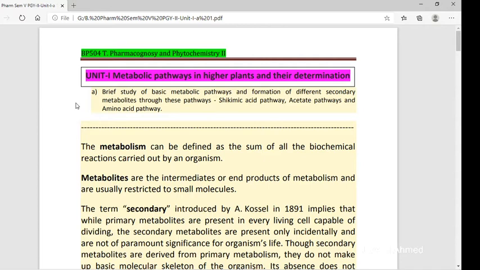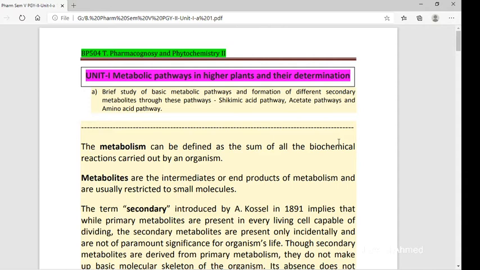So the contents of our today's lecture, which is related with the metabolic pathways. To cover this, first we should know the metabolism. This word is not new, as you have heard many times in your previous years in biochemistry and anatomy.